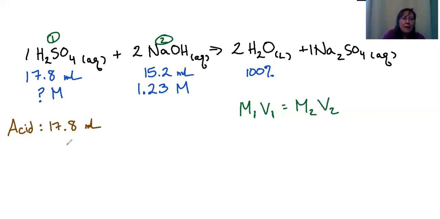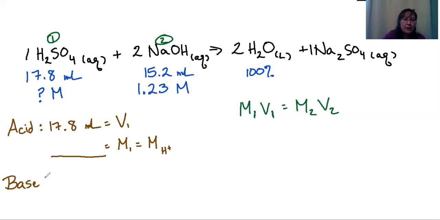The thing to remember here is that we're looking for the molarity of our H plus. That's going to be important when we talk about ion concentration, which we did at the beginning of last week. Now let's take a look at our M2 V2, and you'll see here that we actually don't need to use these mole ratio numbers.